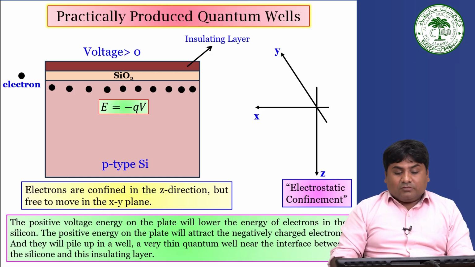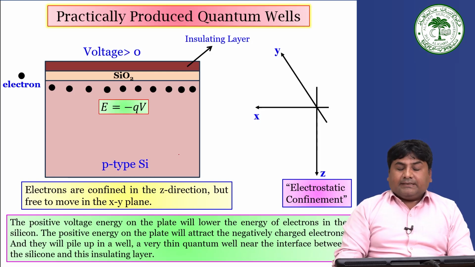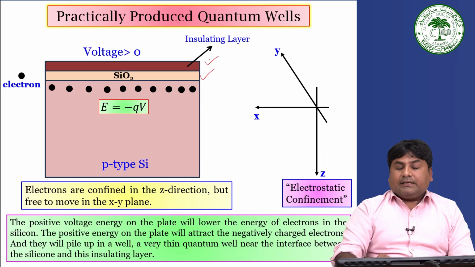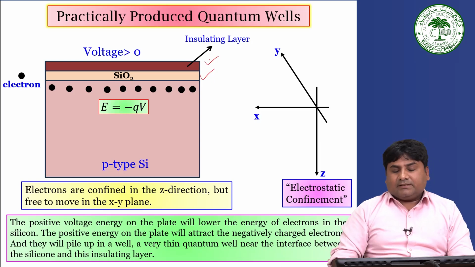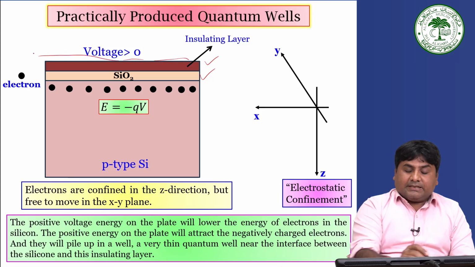Now how do you develop this device? This is a p-type silicon, then there is a layer of silica here, and then an insulating layer. In this way the device is fabricated, and above this there is a metal plate.